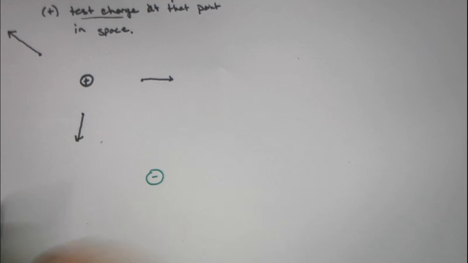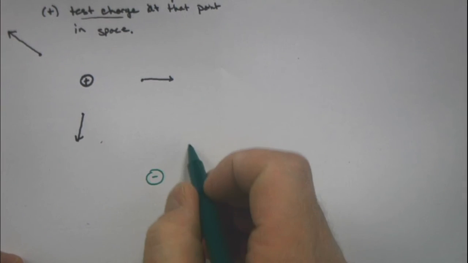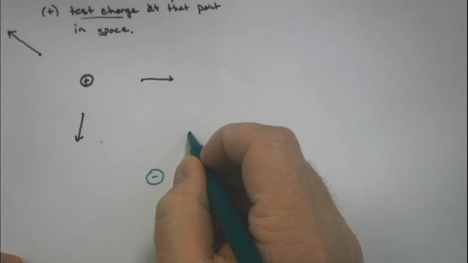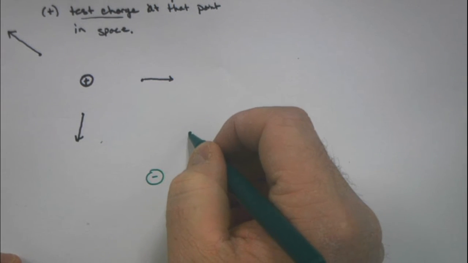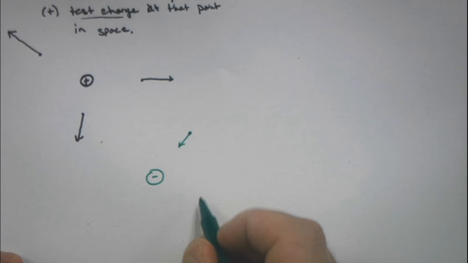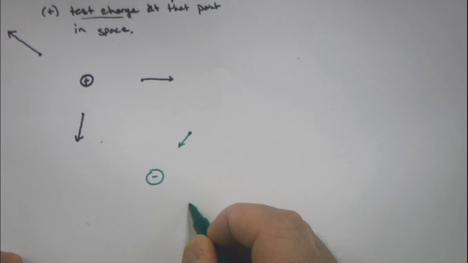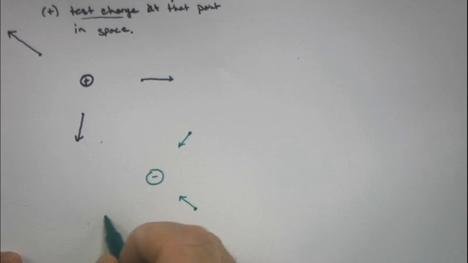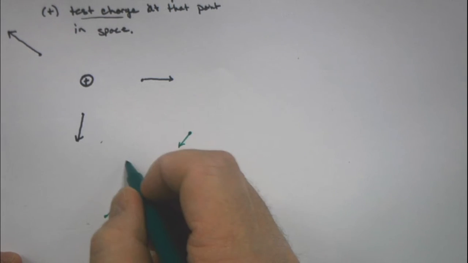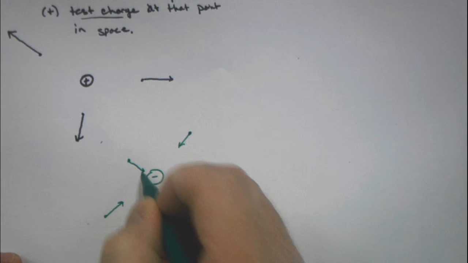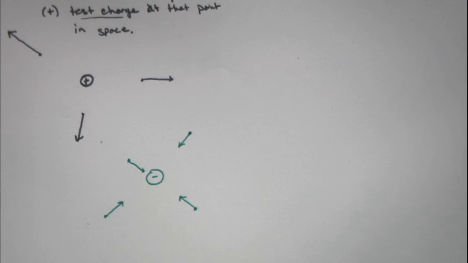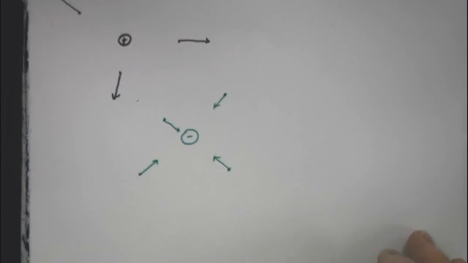If we bring our positive test charge here, then its force is going to be attractive, like that. Now, these are just for single charges. If we just have one charge, it's pretty straightforward which direction the force is. Well, what if we have a system of more than one charge?